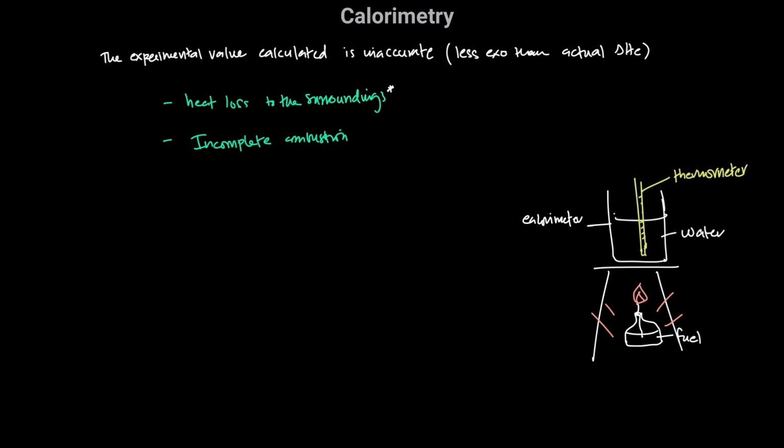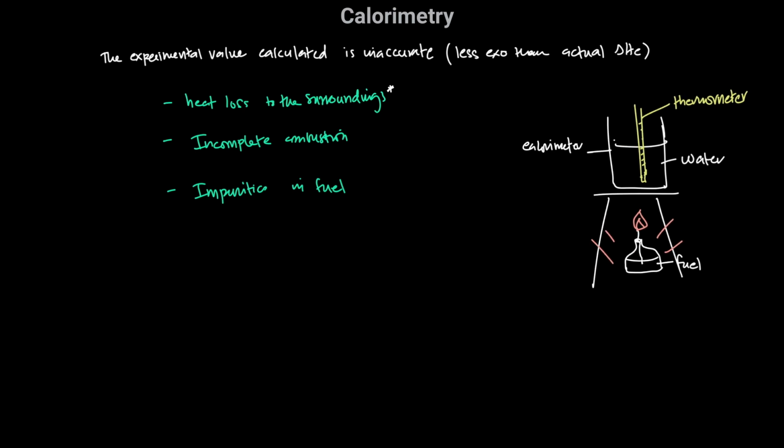Another thing that can affect the accuracy of this experiment is impurities in the fuel. We're assuming that the fuel is 100% pure. So for example, in the case of ethanol, we're assuming we have pure ethanol, and there are no impurities present in the fuel. If there were impurities, then obviously the enthalpy of combustion that you're calculating is not for pure ethanol.